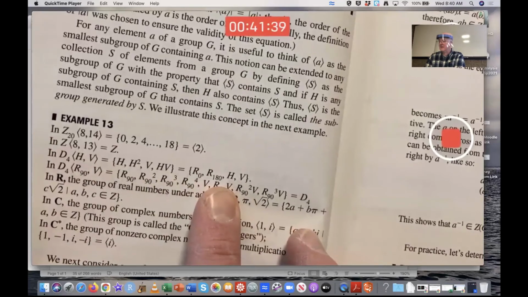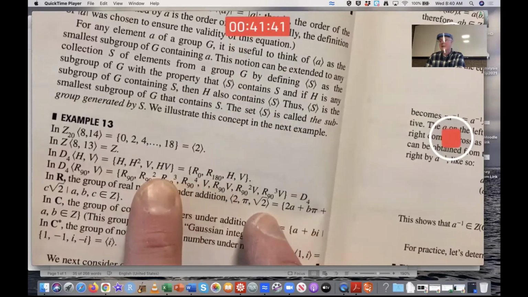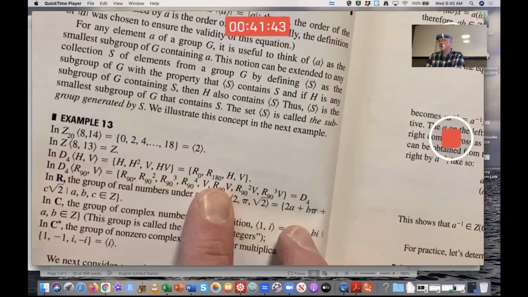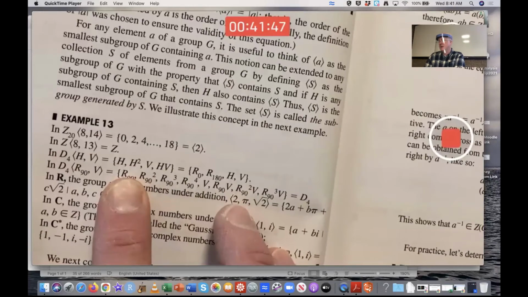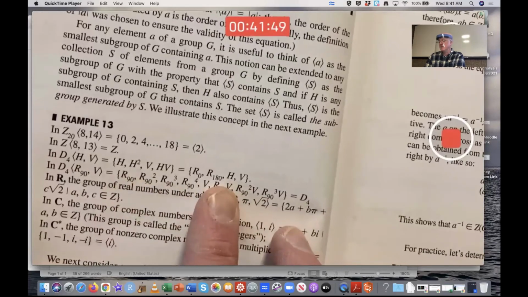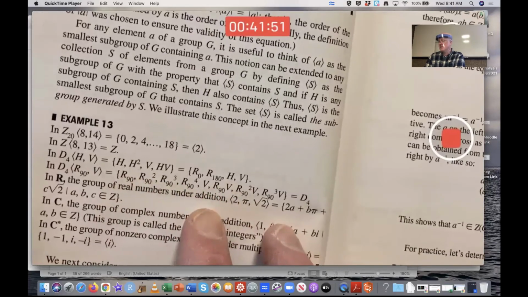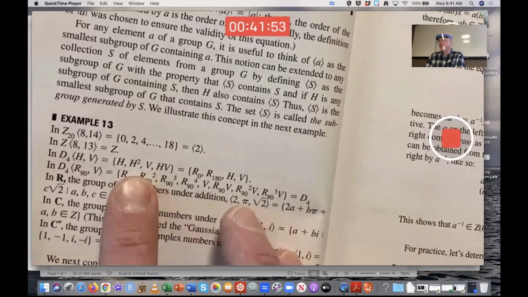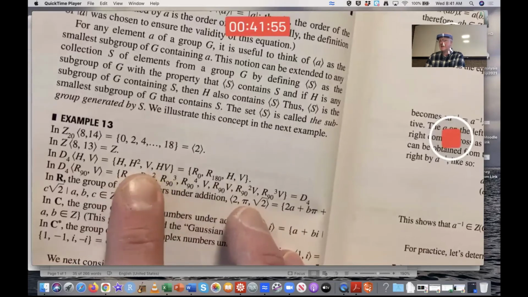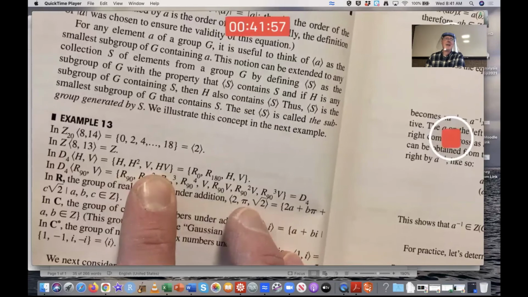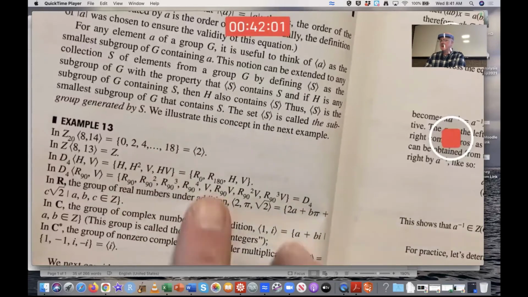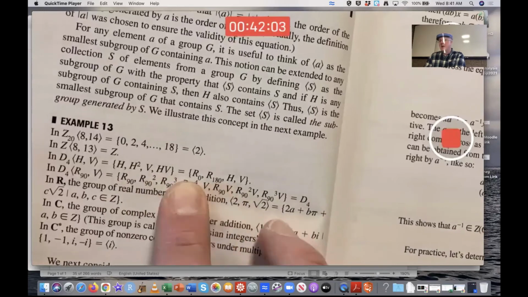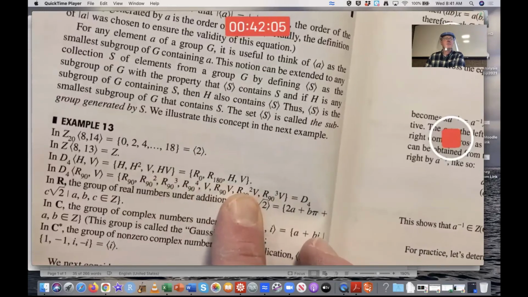Like if you computed V compose H instead of H compose V, that would also equal R180. If you computed H cubed, it would equal H, which is already in there. V cubed is already V. So this is a bit confusing, like why is that line there? They're just trying to emphasize that, hey, I'm computing things, that's going to give me some new things, hopefully, and this takes checking, but you're not going to get anything more than just what you see here.